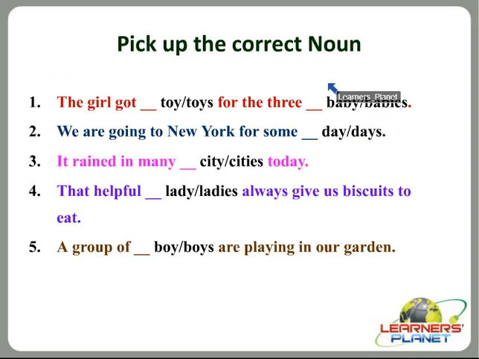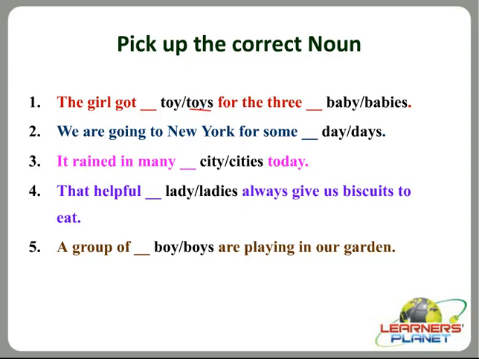Let's do this activity. The girl got dash for the 3 dash. See, toy or toys. It has to be more than one because there are 3 of them. So, toy or toys. The correct answer is more than one, plural, so we take toys.